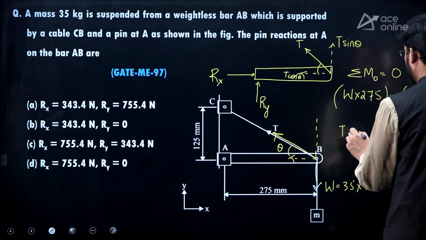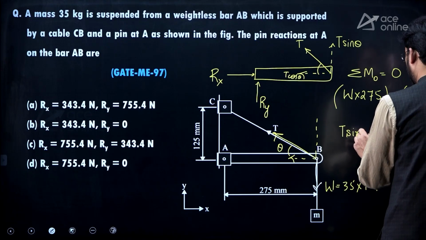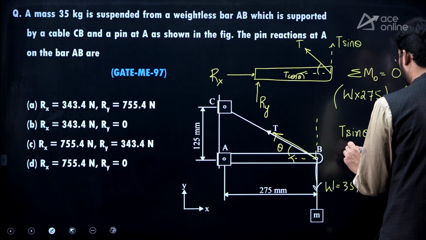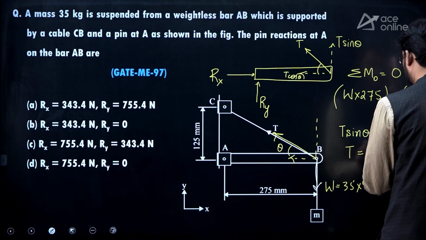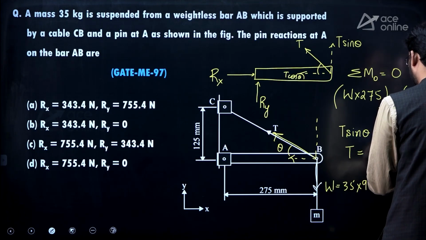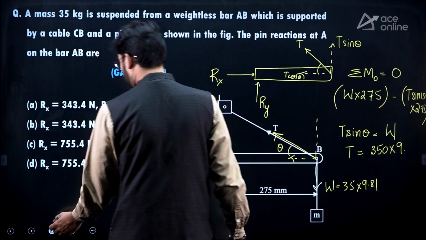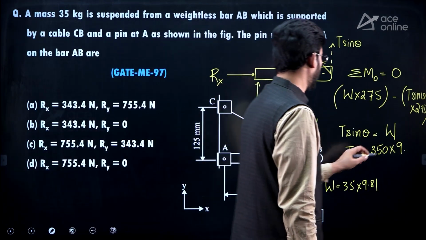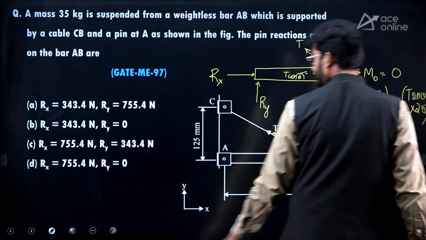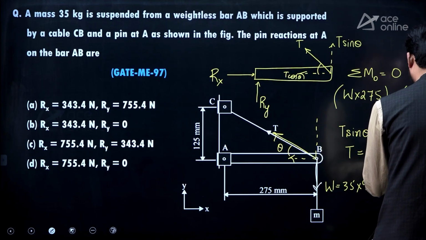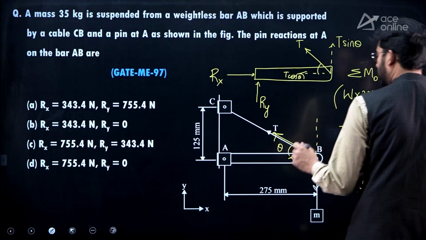So T sine theta is equal to W. So T will be equal to W by sine theta, that is 35 into 9.81 divided by the sine of the angle.